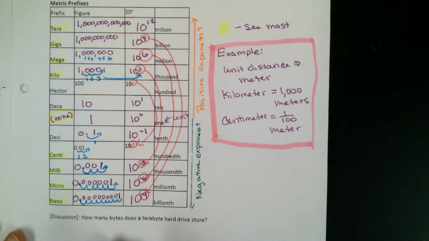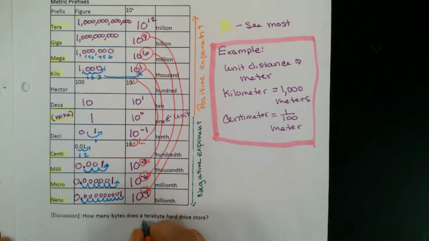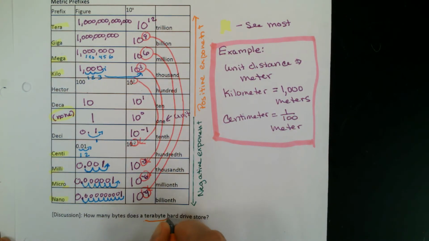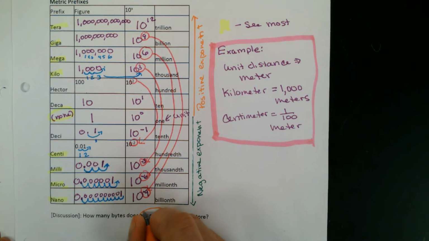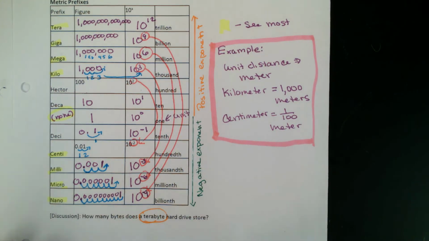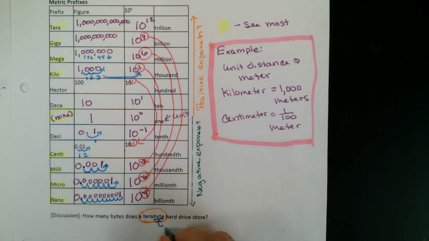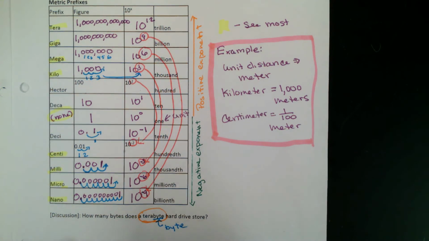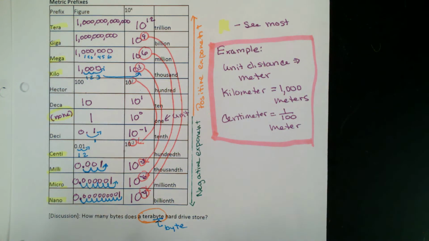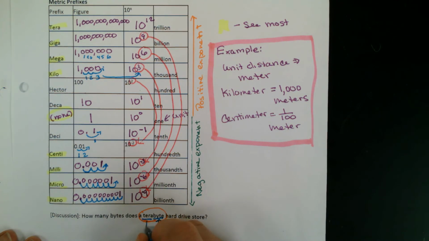So how many bytes does a terabyte hard drive store? I'm going to circle that terabyte. This byte part right here is my units, and this right here, tera, is my prefix.